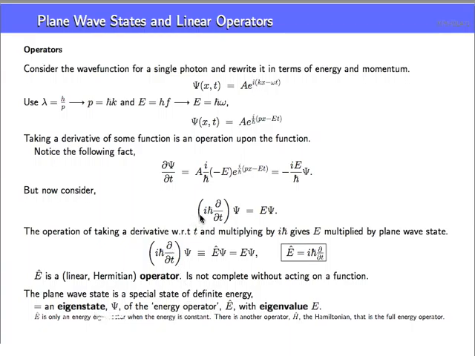It's only in this case where the energy is constant. There's another operator, H, what's called the Hamiltonian, which is the proper full energy operator that we'll introduce later. So this is only a special case where this is equal to this, but we'll come back to this in a moment.